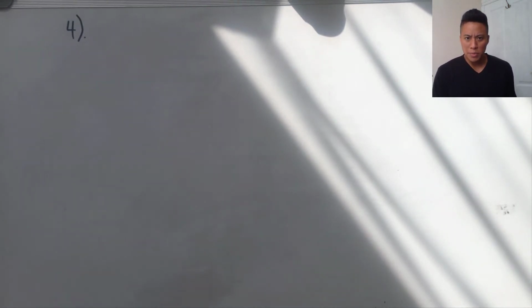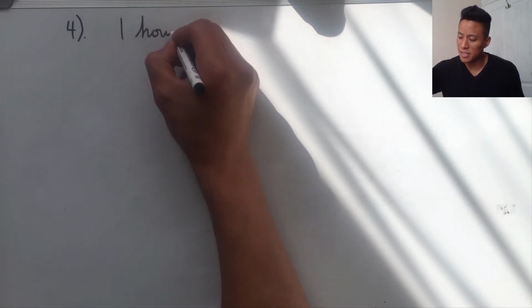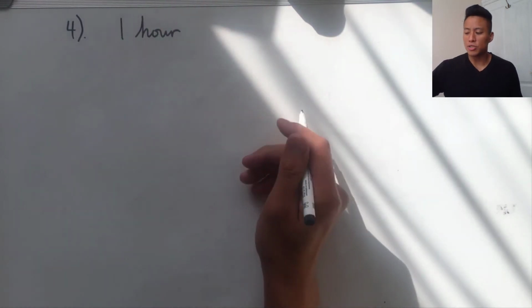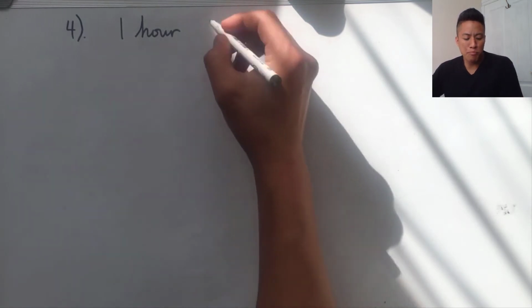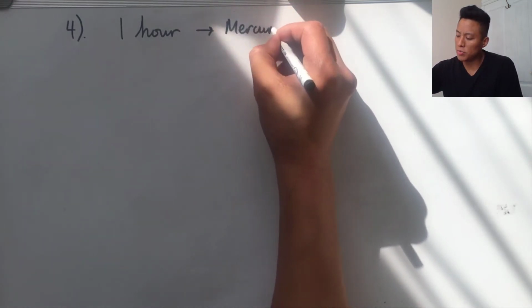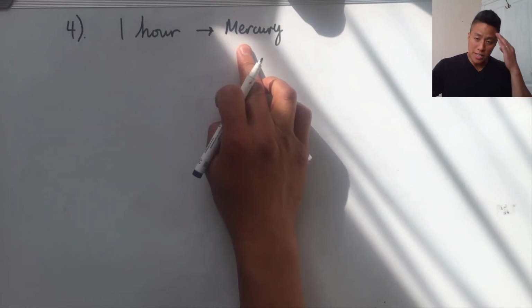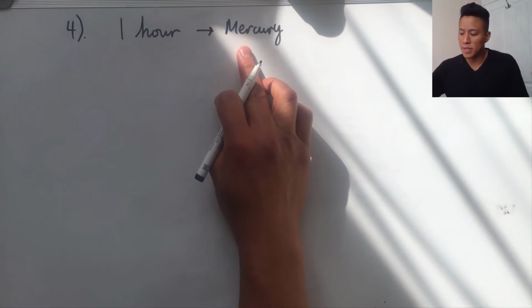A trip to Mercury takes 1 hour. That's your trip to Mercury. When I see the word Mercury, I'm going to think that that is the trip to Mercury.